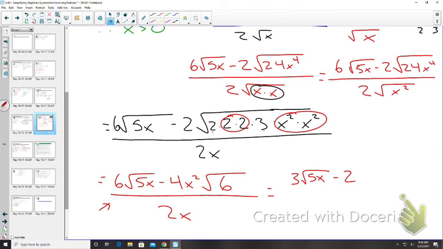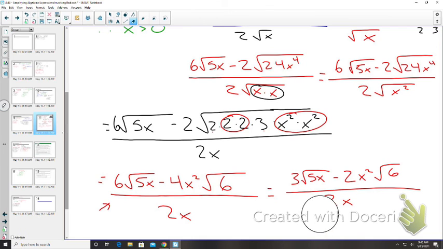And we're just going to leave the x's alone, otherwise we will have confusion with our first term there, divided by 2x. And that should just be an x because we divided that, right? 6 divided by 2 is 3 over 1.